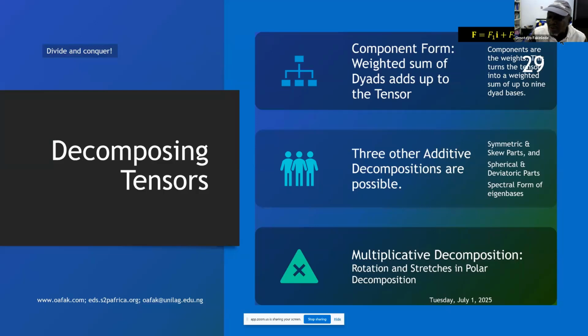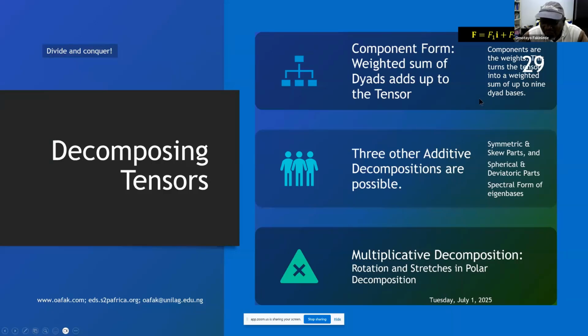They are different. So there are 9 bases for the tensor, whereas you have only 3 bases for your vector. Once you remember that, there's nothing you are doing differently from when you were dealing with your vector analysis. There's nothing really fundamentally different. So in component form, you are breaking them into 9 bases.